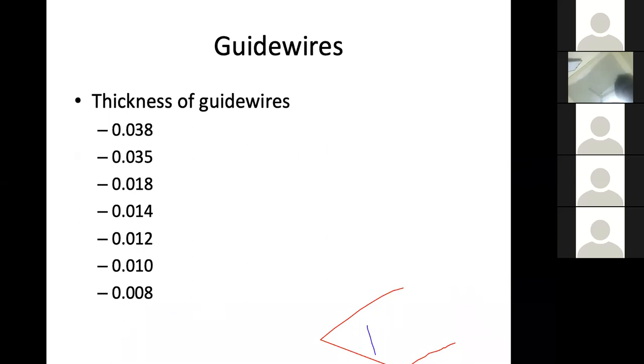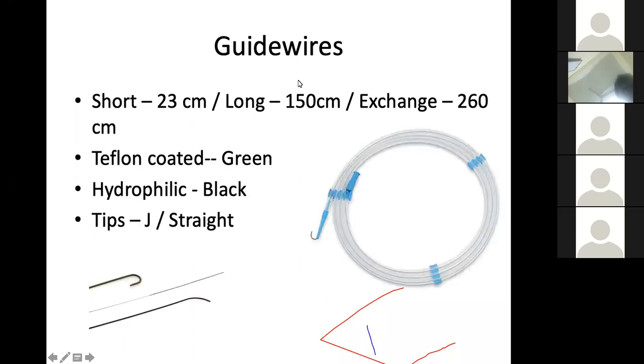These are very, very thin. 3.8, 3.5, we also have 2.5 in between, but please remember these are regular guide wires. Anything which is thinner than or equal to 0.018 becomes a micro guide wire. As far as lengths of these are concerned, again, they could vary from 150 centimeters to up to 350 centimeters, depending on whether these are used only for access or these are used as a guide wire.